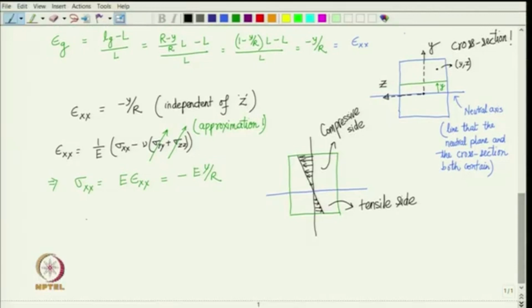So, we can now say that the integration of sigma x x over the entire cross section is equal to 0, and this is because no force acts on the cross section, right.